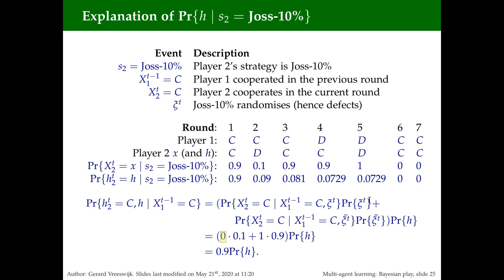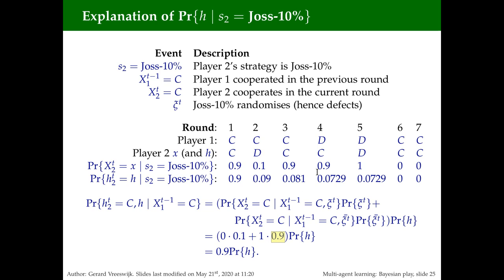And the probability that the second player randomized in the current round is 0.1. And the probability that the second player cooperates in the current round, given that the first player cooperated in the previous round and the second player did not randomize, is 1, times the probability that the second player did not randomize, and that is 0.9.